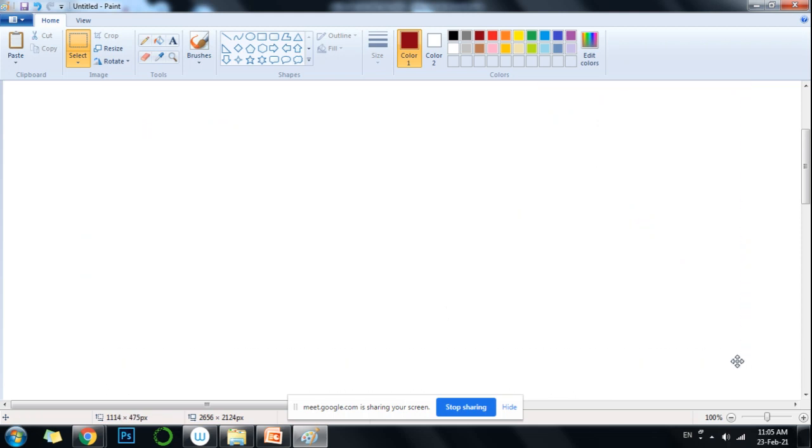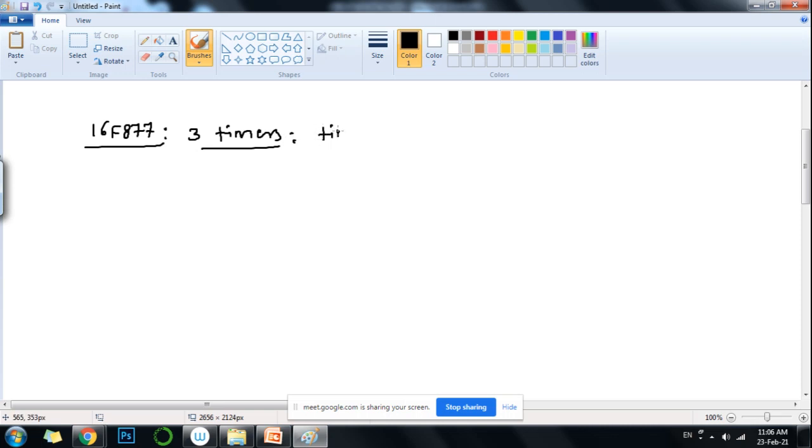If you consider this IC 16F877, the device which lies at the highest end in the PIC family, then this highest device has 3 timers: timer 0, 1 and 2.